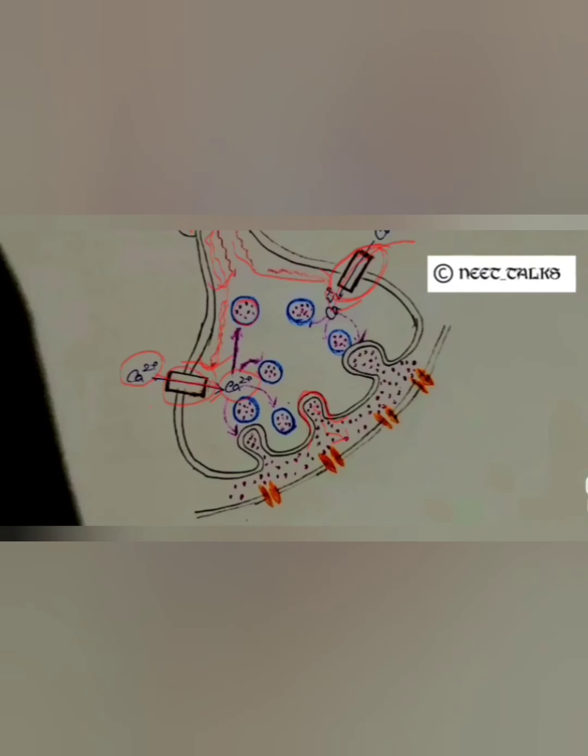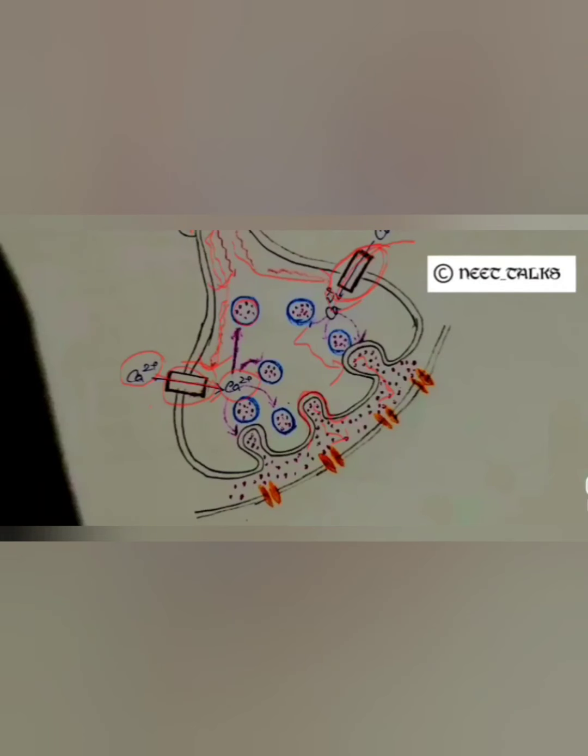And inside the synaptic knob, these Ca2+ ions will interact with some other proteins, the V snare protein and the T snare protein, and together will cause the fusion of these synaptic vesicles in the active zones of the presynaptic membrane. And also these calcium ions cause the exocytosis of the synaptic vesicles, which ultimately releases the neurotransmitter in the synaptic cleft.